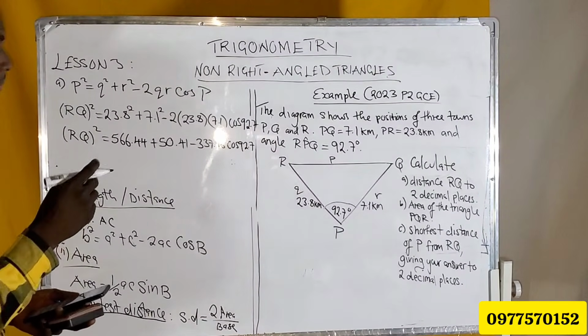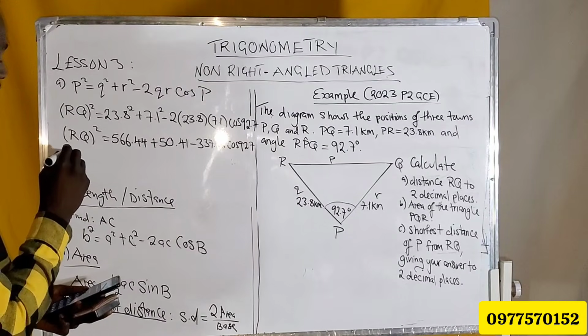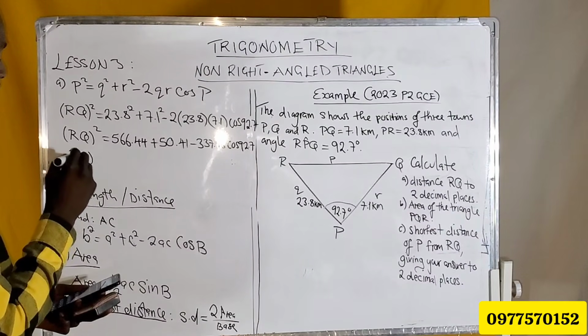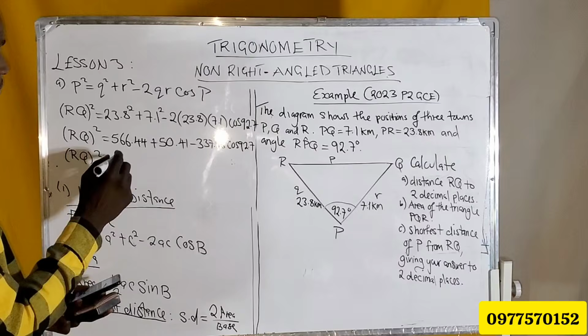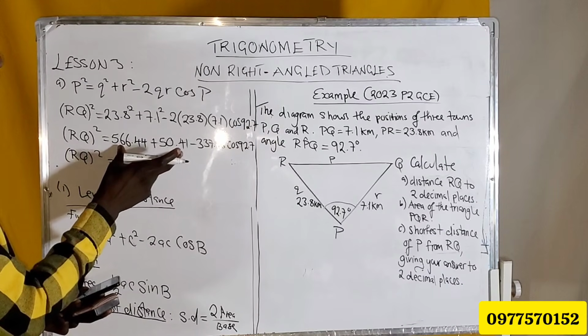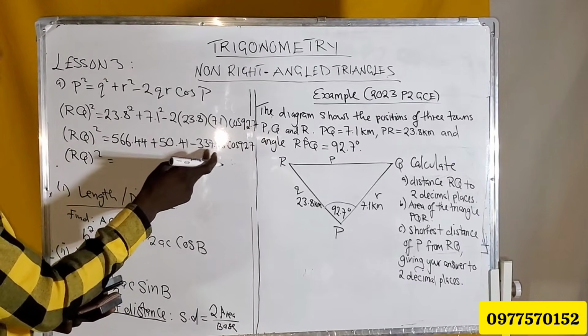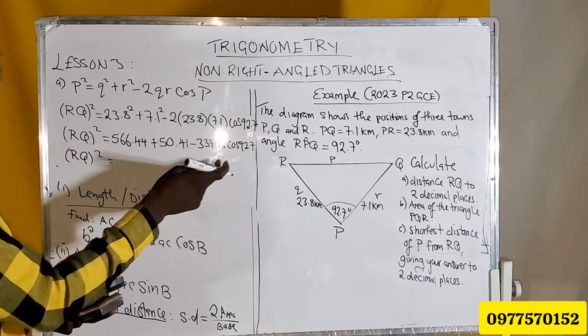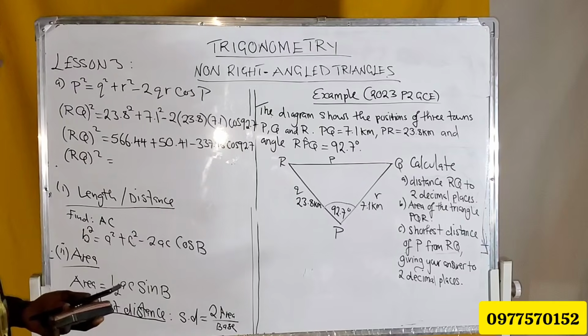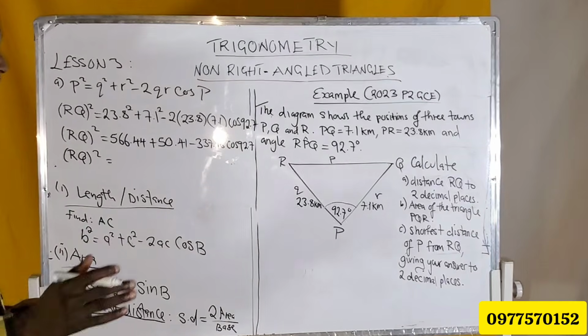Okay. So here, the next step, we're going to still write RQ squared is equals to, we're going to add the first 2. Why adding the first 2? Because this is attached to cosine 92.7, which is unlike term.